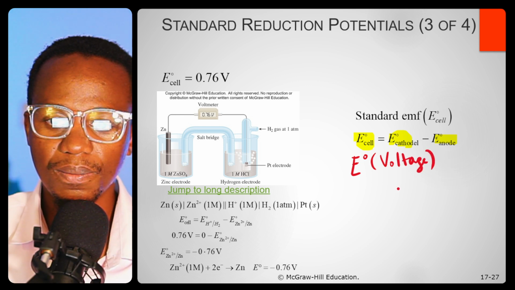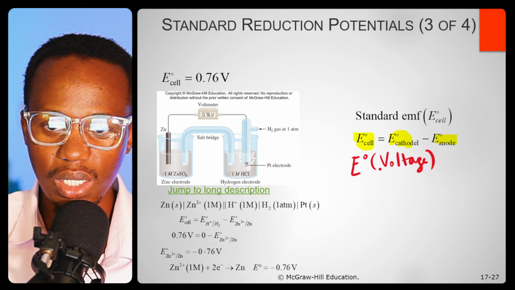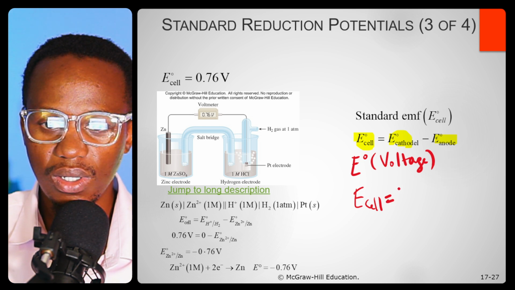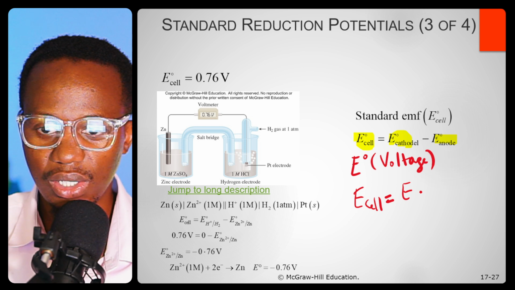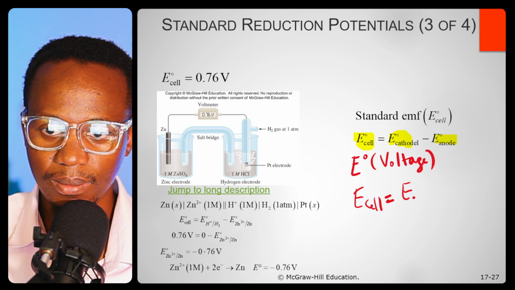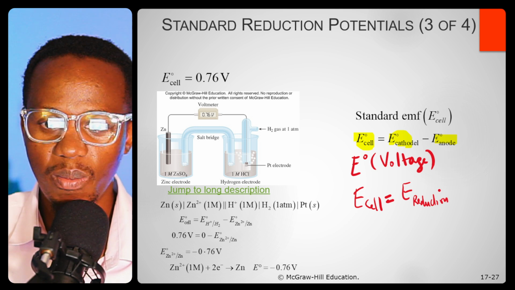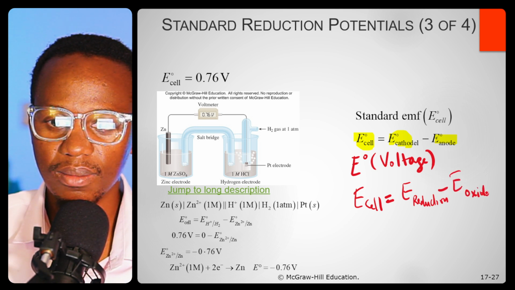E at the cathode minus E at the anode. Another way to think about it is the E of the cell is equal to E of the reduction minus E of the oxidation, right?